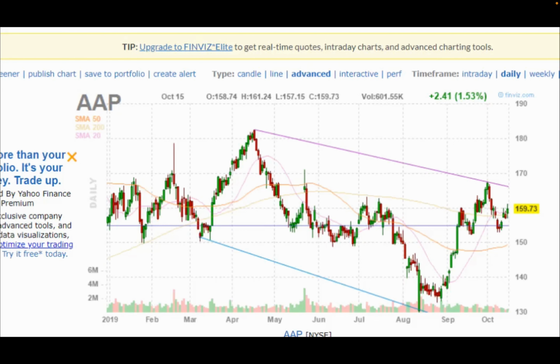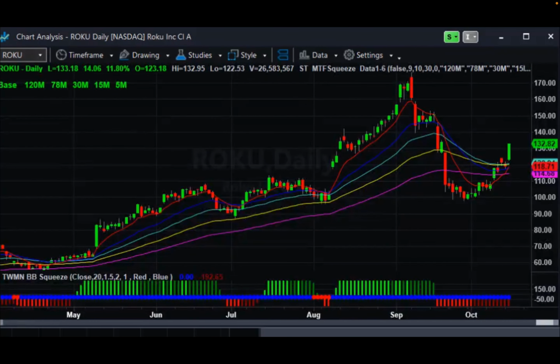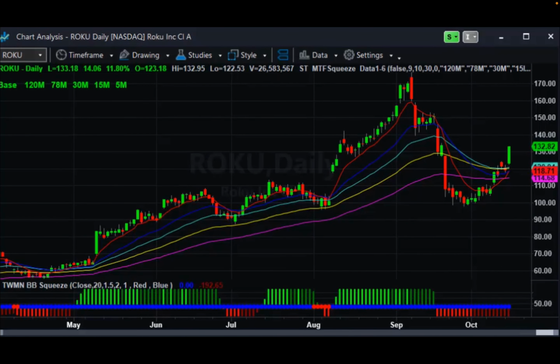So another thing that you can take a look at, which I think is really important, are the exponential moving averages. So the exponential, as I said, different from simple moving averages, just that they give more weight to more recent price. So they're a little bit more accurate on the short term.